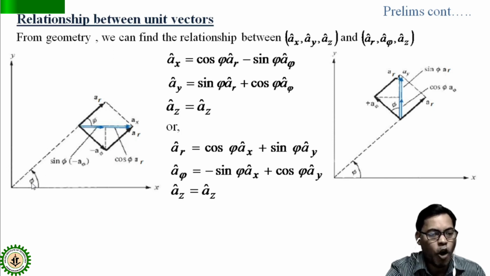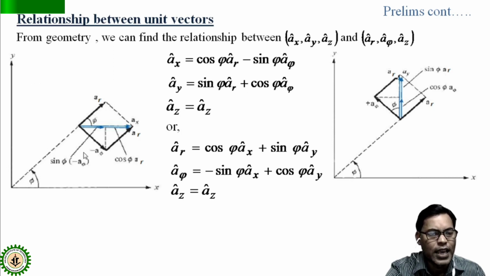So, the component of ar along the x-axis ax will be equal to ar cos phi. Now, we want to find out the component of aφ along the x-axis.